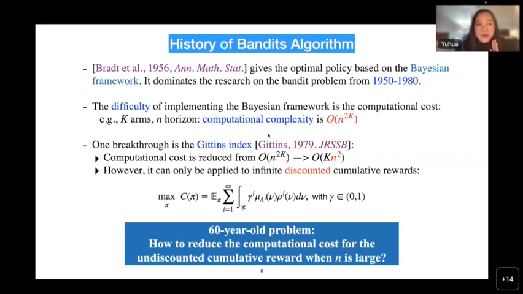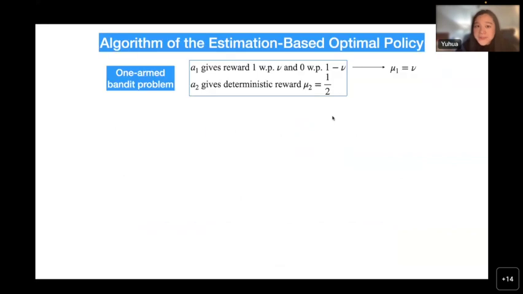And so today we're going to tackle this computational cost problem by using the PDE limit of this estimation-based optimal policy. But before we go to the PDE limit, let's first look at why we have such a big computational cost for finding the optimal policy.